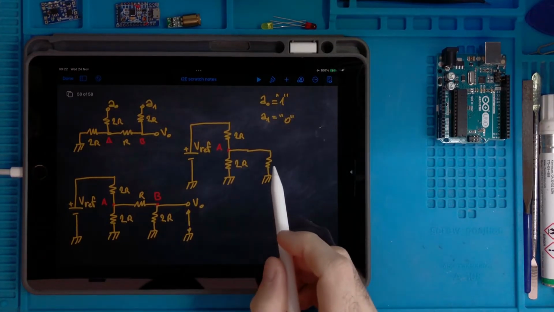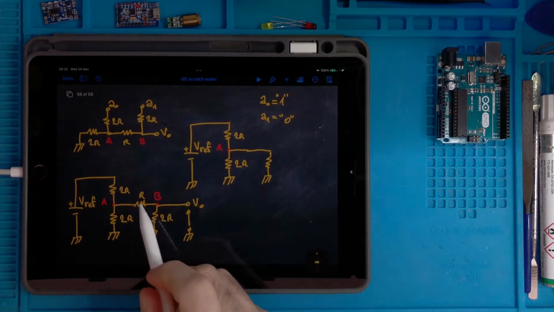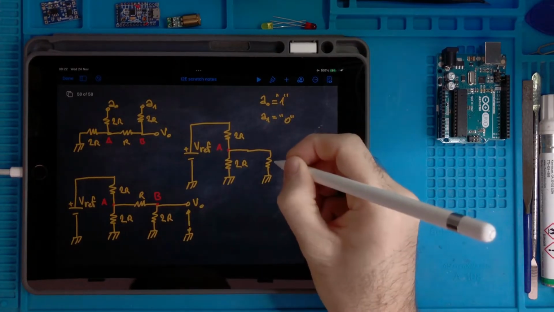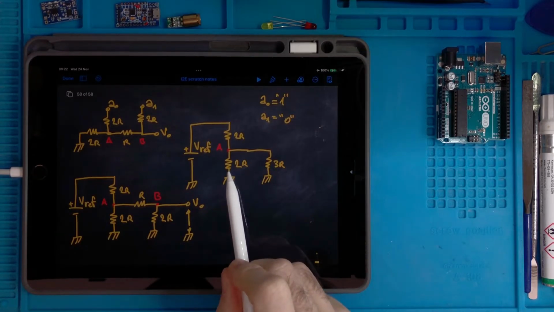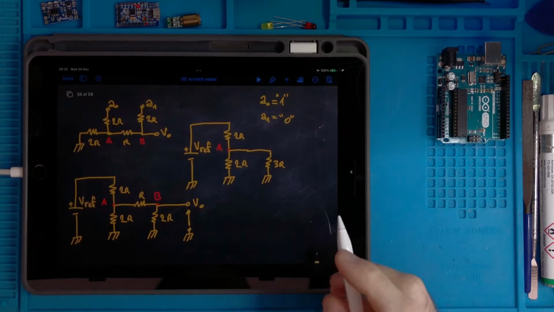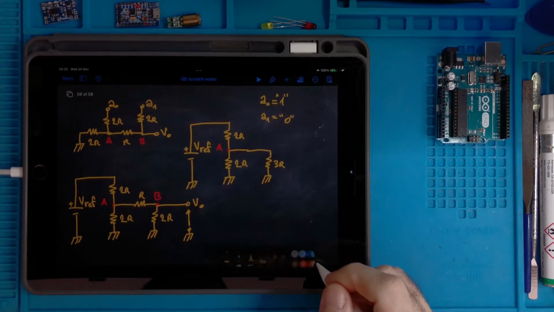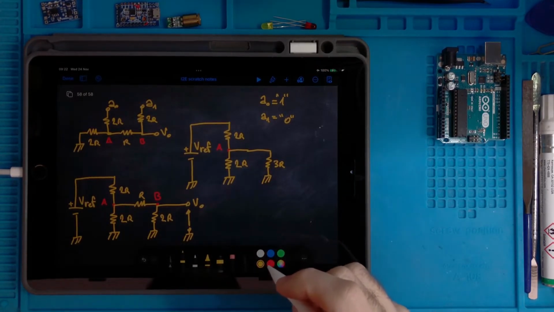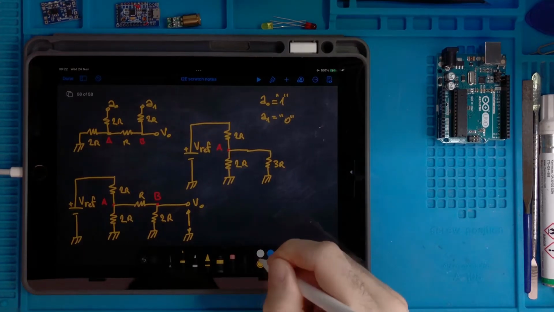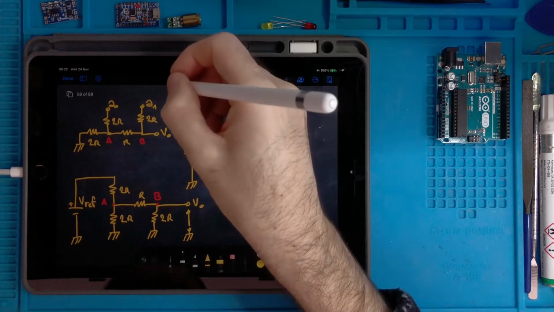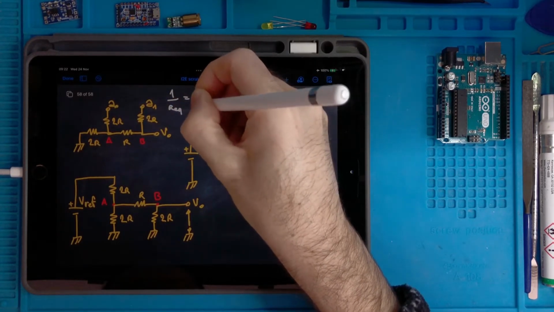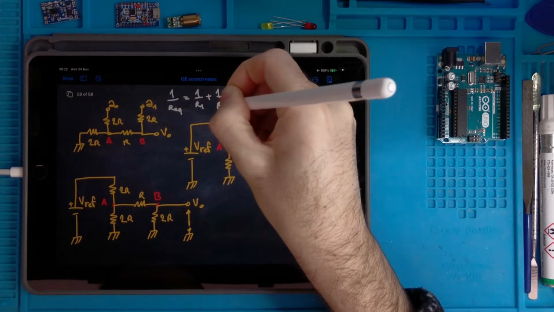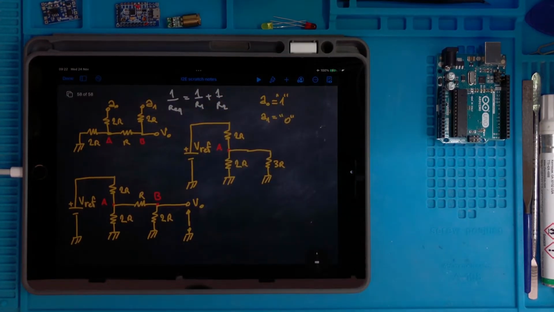And here we have the equivalent resistor of this and this one. So we need to sum the two, and it's 3R. Then this one goes in parallel to this one. So there is one formula we know about parallel resistors, which says that 1 over R equivalent is equal to 1 over R1 plus 1 over R2 if we have two parallel resistors.